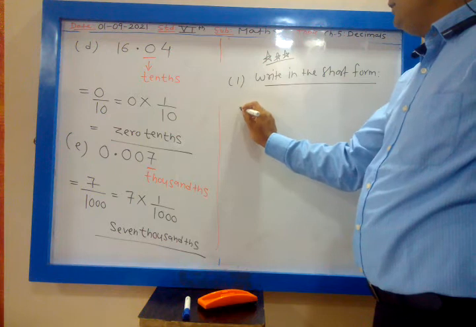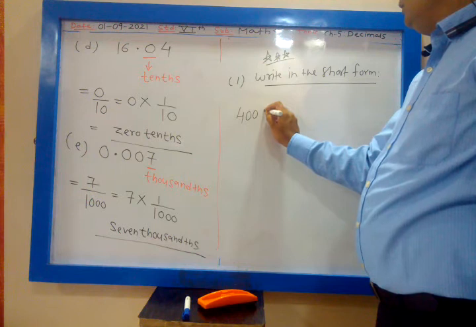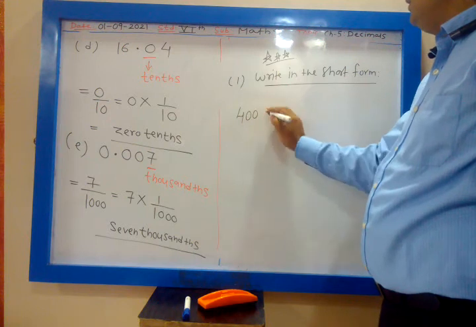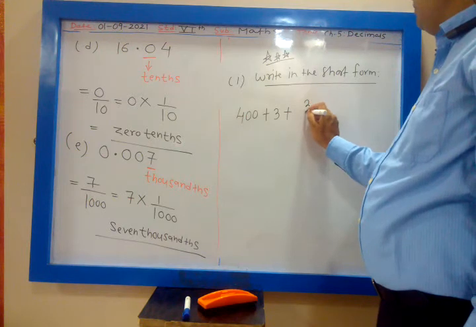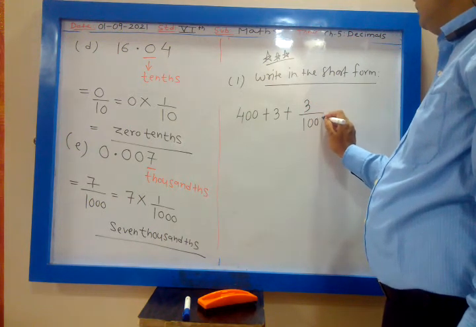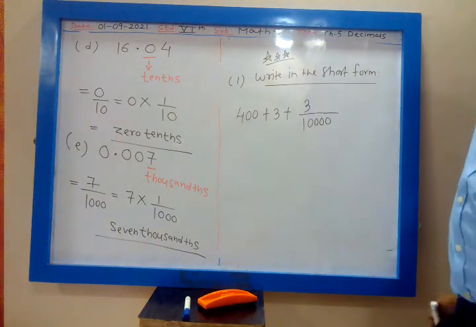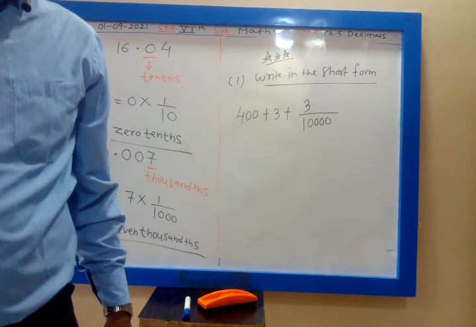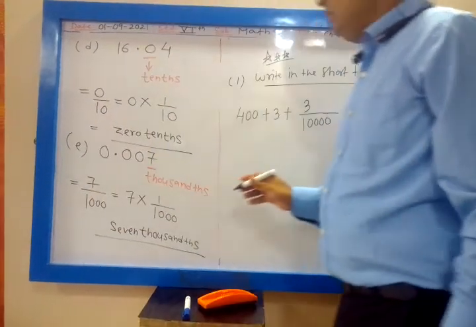Write in the short form means 400 plus 3 upon 10,000. Let me give you the options.